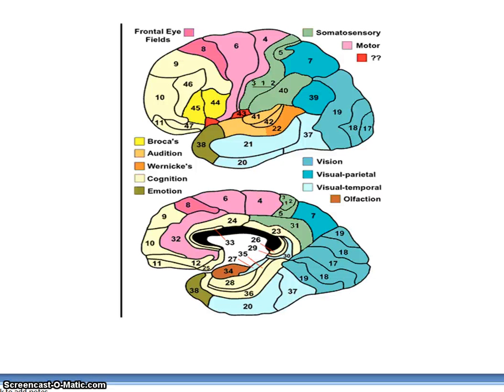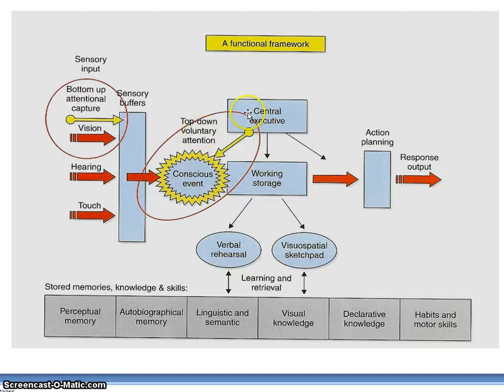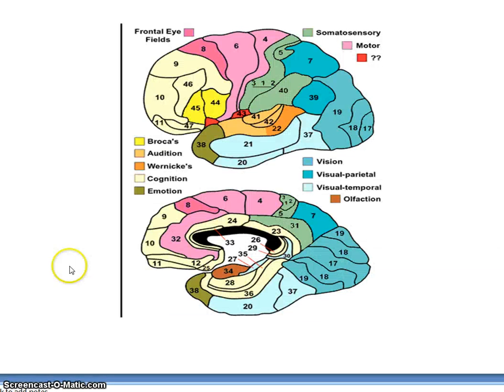And we're not going to go into a lot of detail right now, but I just wanted to point out that these controlled processes, the central executive system and the working memory systems and the attention systems, many of those systems are located in the front part of the brain. So what you're looking at is the human brain, that's the left hemisphere. So you're looking at the side of the human brain here.